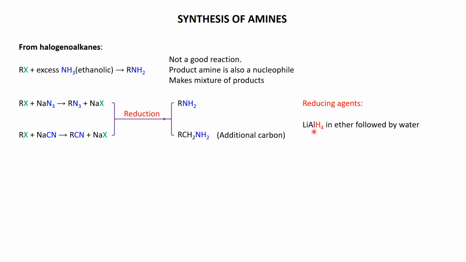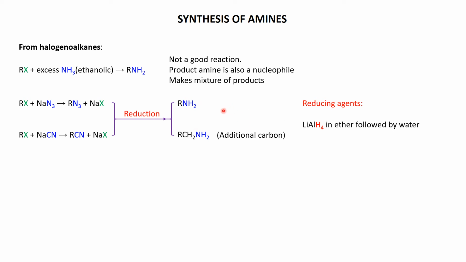An alternative that we saw back then was instead of lithium, sodium, and instead of aluminium, boron, so sodium borohydride, which you could work with in water, and you could reduce aldehydes, but you couldn't reduce acids with it. If you want to do a stronger reduction, which is what we're doing here, you have to use lithal. You can't have any water near it, so you have it in ether, and then once you've actually done the reaction, you follow it up with water to quench the whole reaction and get your products.